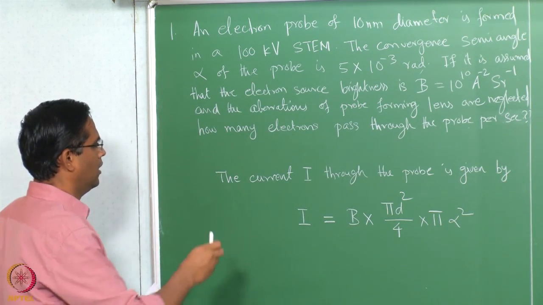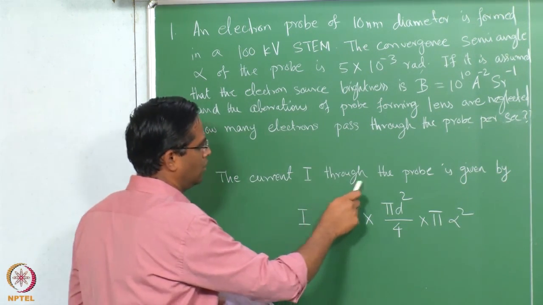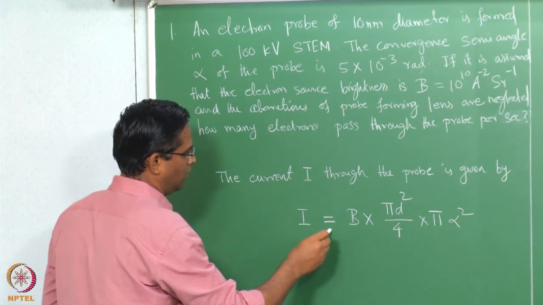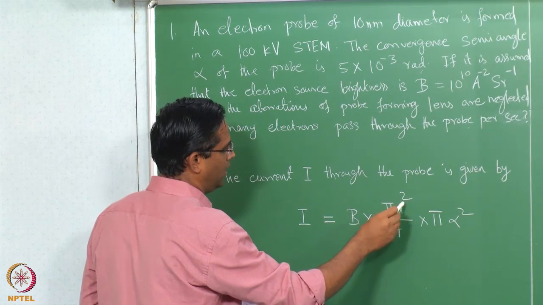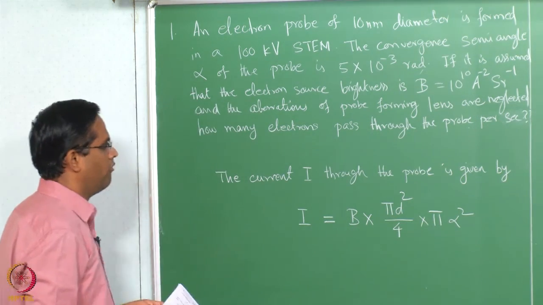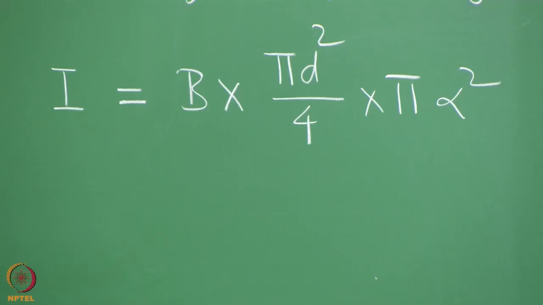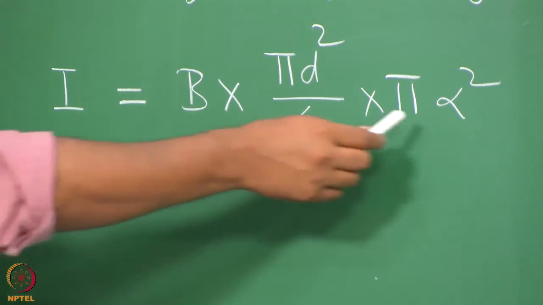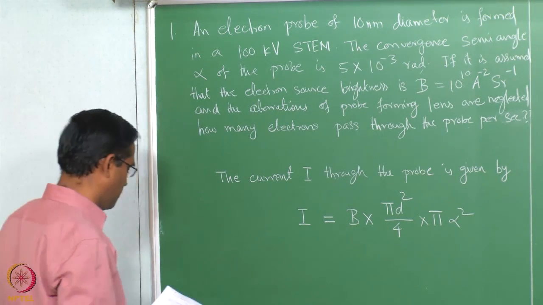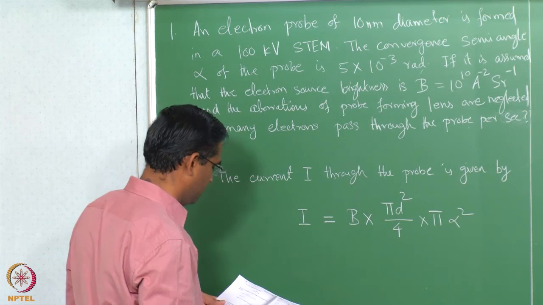The current I through the probe is given by this formula: I is equal to B into pi d square by 4 into pi alpha square, where B is the brightness and d is the probe diameter and alpha is the semi aperture angle. So we can simply substitute these values.